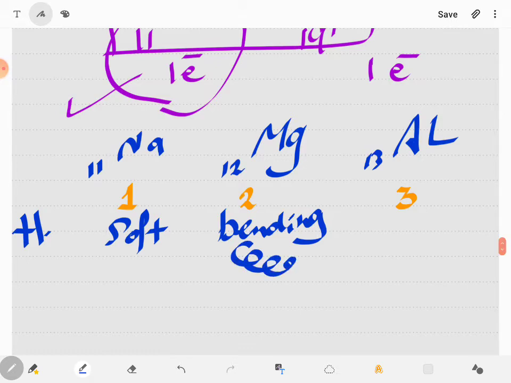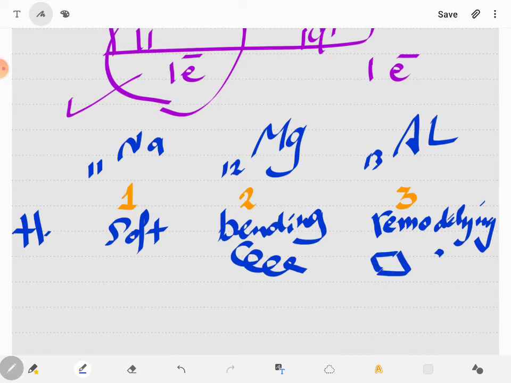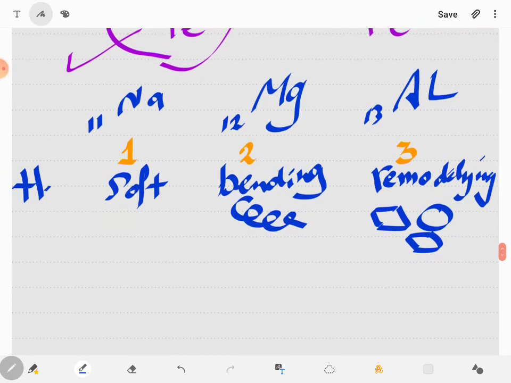I can make it like this. But what about aluminum? Aluminum is hard, but I can do what's called remodeling, meaning I can make many shapes of it. Easy to reshape.